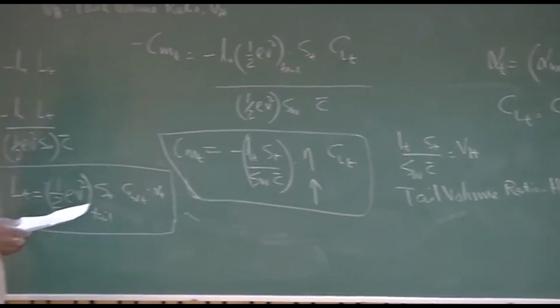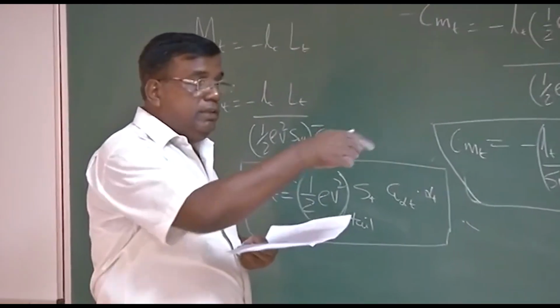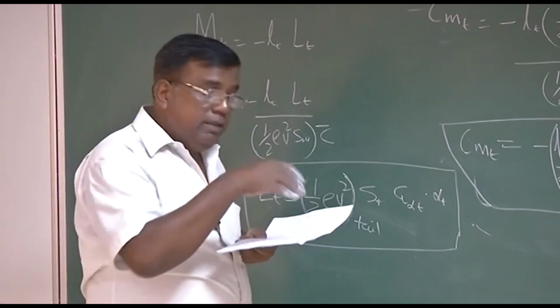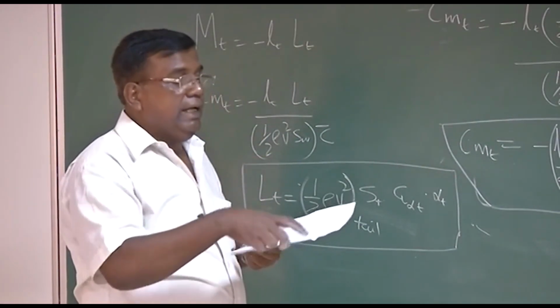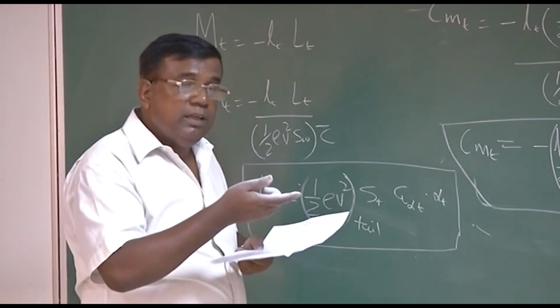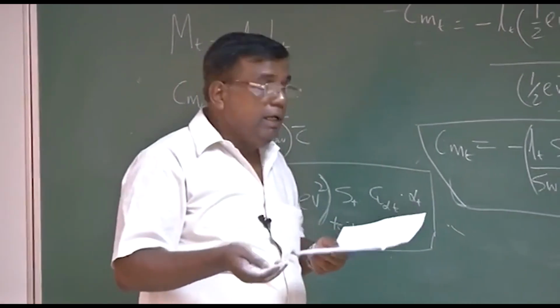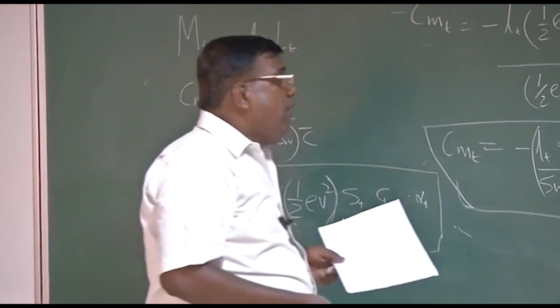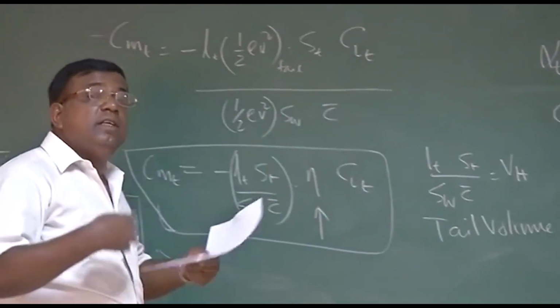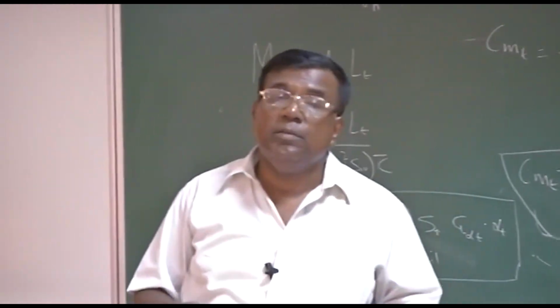What is LT? LT is the distance of the AC of the tail from the CG. So if I increase this LT, the restoring moment will increase, or for a given LT, I can increase the area of this tail, then also LT into ST will increase, or increase both, right? So as a designer, if we increase VH, this tail volume ratio, it will increase the static stability characteristics of the airplane.